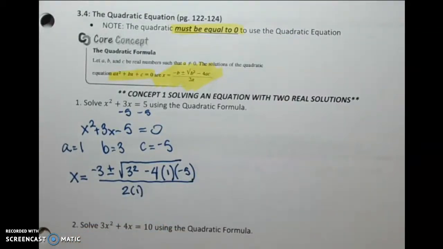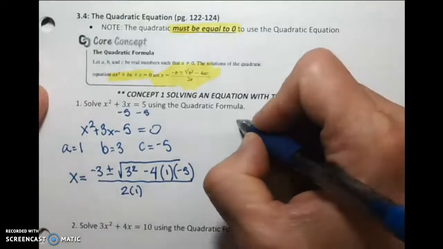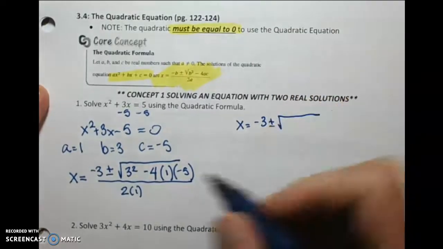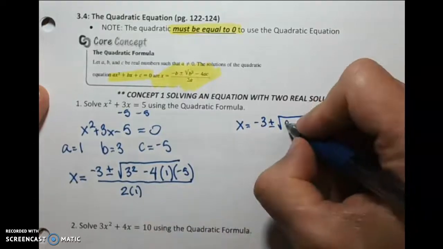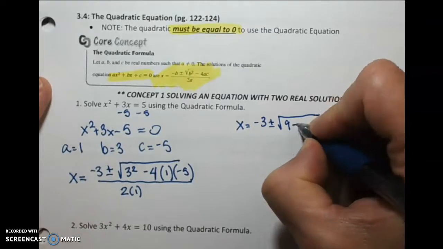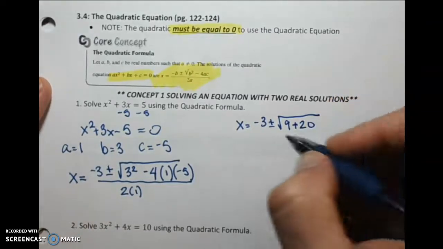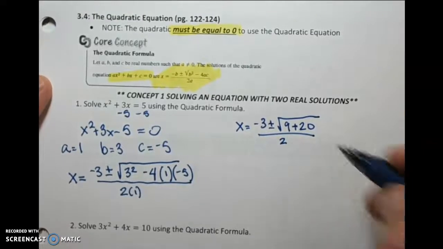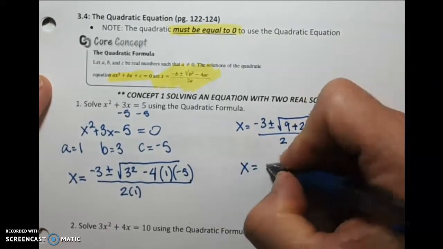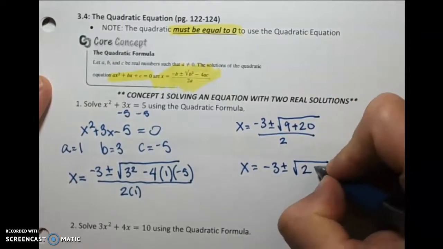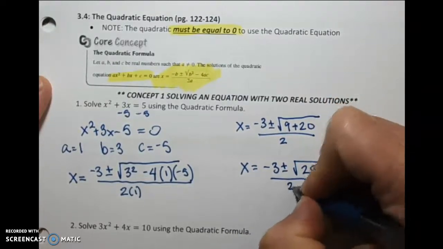Alright, and I'll just move up here if you guys don't mind. x equals negative 3 plus or minus the square root. 3 squared is 9. And then negative 4 times negative 5 is positive 20. All over 2 times 1, which is 2. And I'm just going to go ahead and combine. So I get negative 3 plus or minus the square root of 29 all over 2.